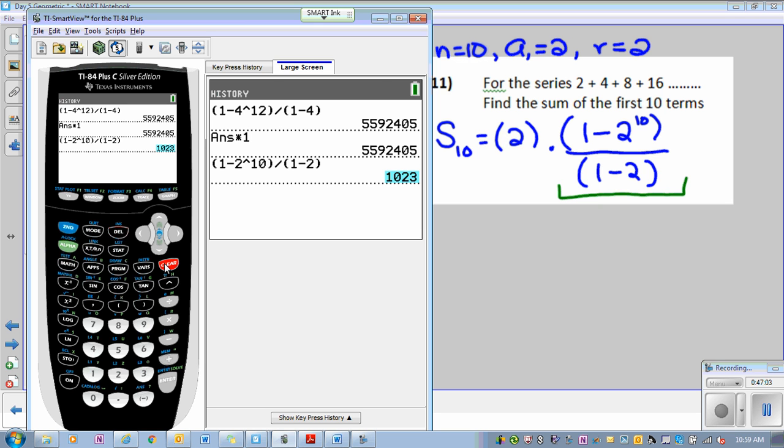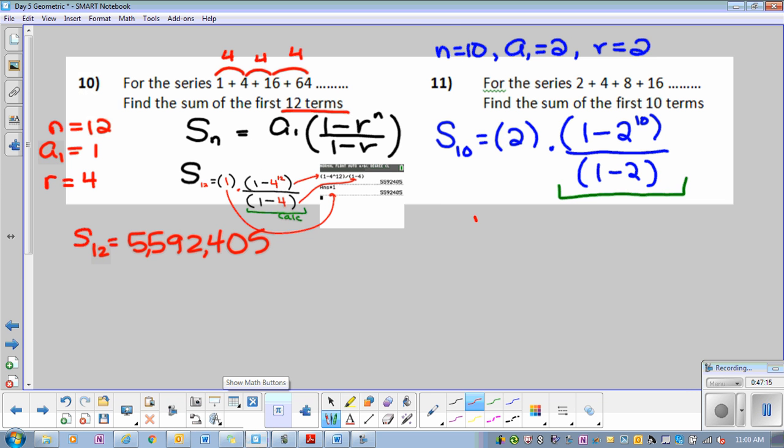Times 2. Yeah, there we go. 2046. Thank you, Tom. So the sum of the first 10 terms is 2046. Questions?